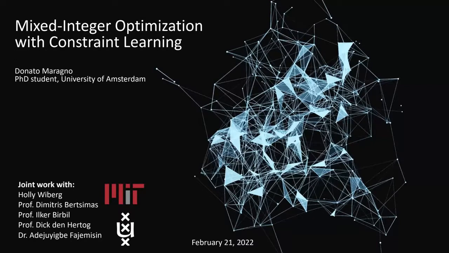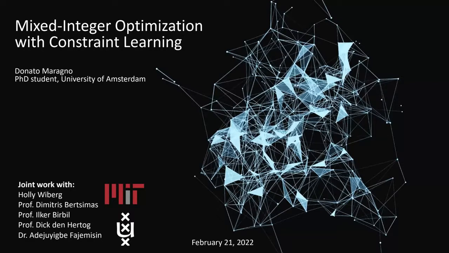Yes. Great. So thank you, Christina, and thank you also, Senia and Sinia, Dolores and Emilio for making this seminar possible. Today I'm going to talk about mixed integer optimization with constraint learning, which is a joint project with some people from MIT and my supervisors at the University of Amsterdam.